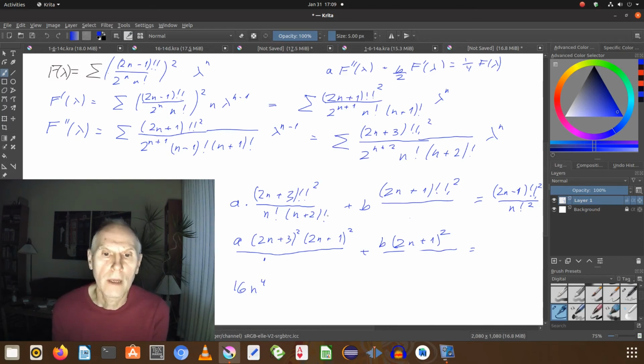Now, A, so we multiply by n squared, so it gives A plus 2 times n plus 1.